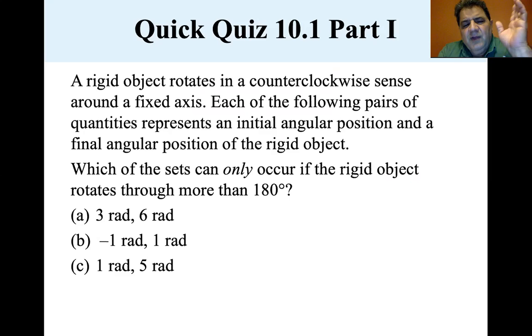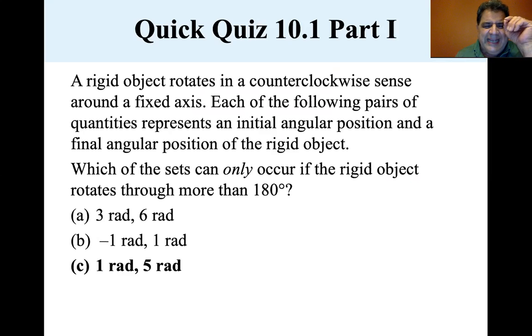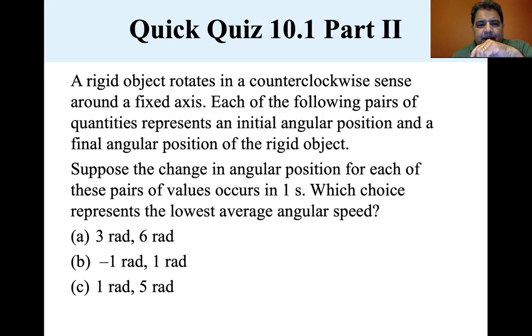Now, if we have a final angular position of 5 radians minus 1 radian, well, that's 4 radians. That's greater than 3.14159. So that is the answer. That is the only set that can occur since it's greater than pi.